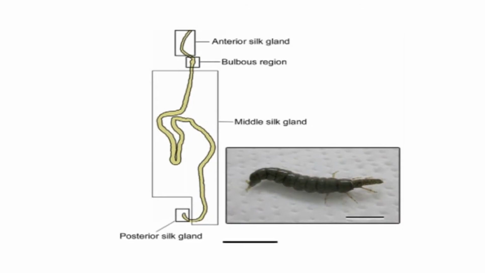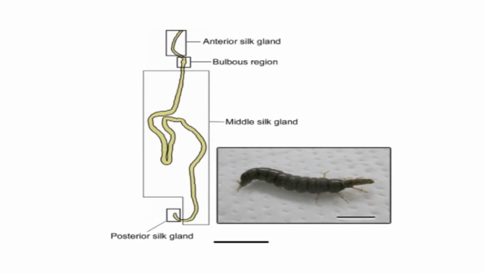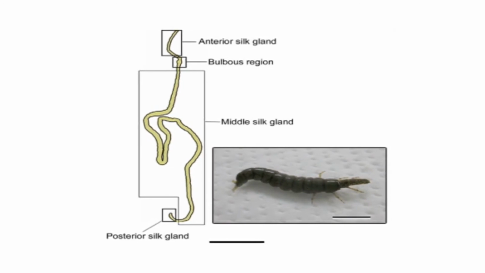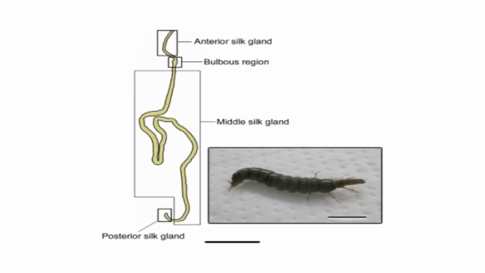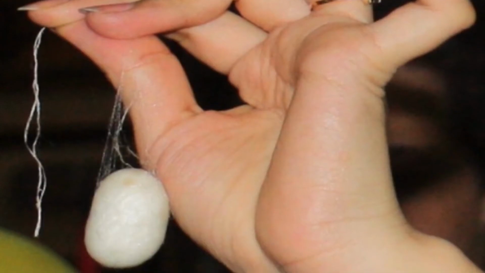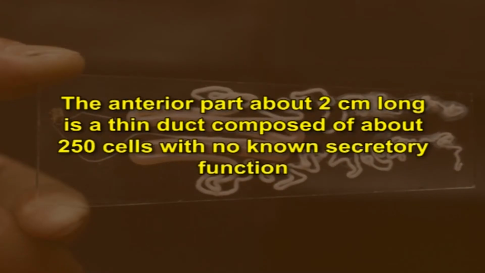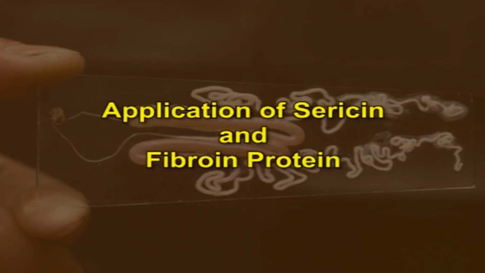The middle silk gland, in the lumen of which silk proteins are stored until spinning, is about 7 cm long and contains about 300 secretory cells producing silk sericin, the protein which cements the fibroin thread of the cocoon. The anterior part, about 2 cm long, is a thin duct composed of about 250 cells with no known secretory function.